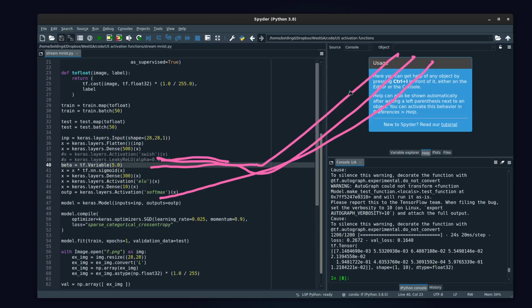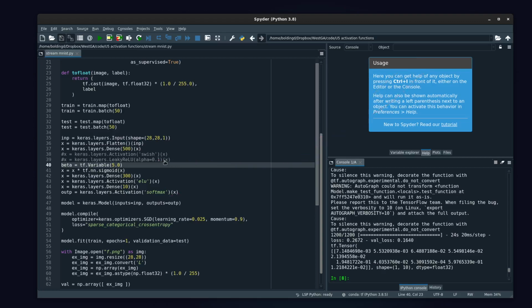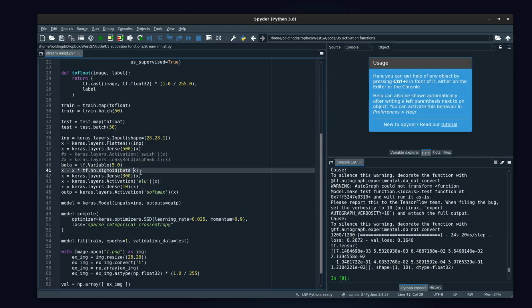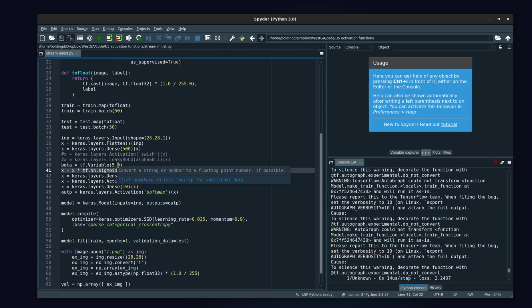So a value of 5 is going to be progressing toward being ReLU-like. And this is just, I need to add the beta in here. So I've introduced a variable to hold my beta. I've added that variable as a term in my handwritten definition of swish. And there it goes.